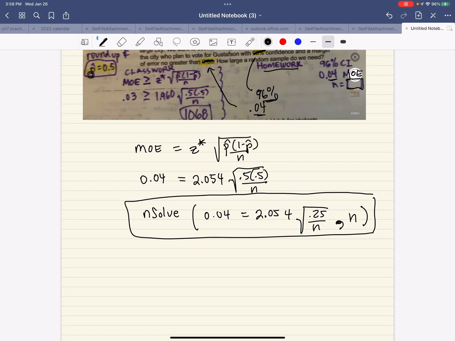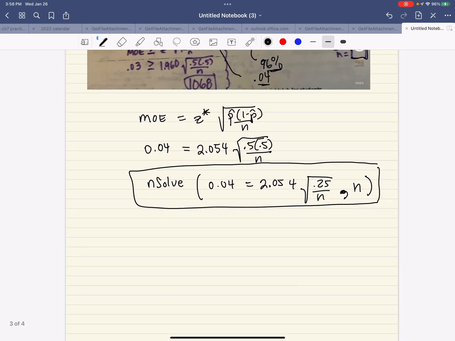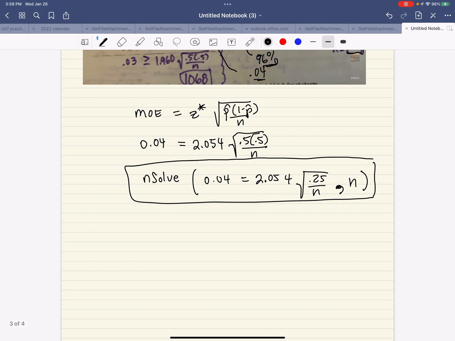But I'm sitting at home and I don't have that calculator with me, so I'm going to do it by hand. The first thing I'm going to do is divide by the critical value on both sides. So now I'll have this number on one side and this number on the other, right? Then I'll square both sides.